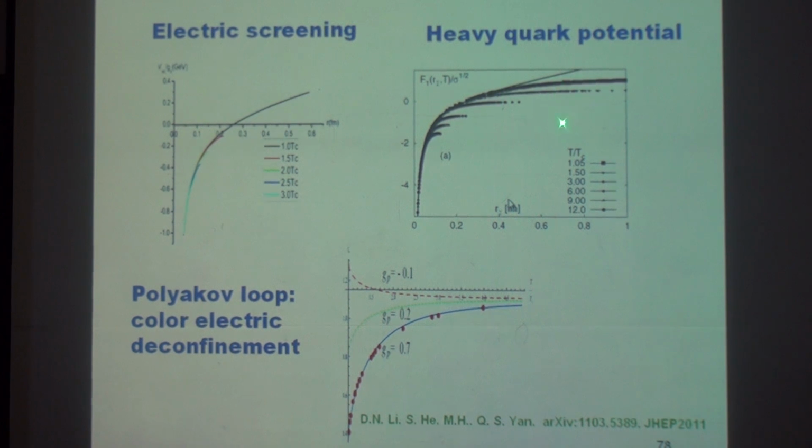For the Polyakov loop, which of course indicates the color electric deconfinement, we can get almost exact agreement with lattice result.